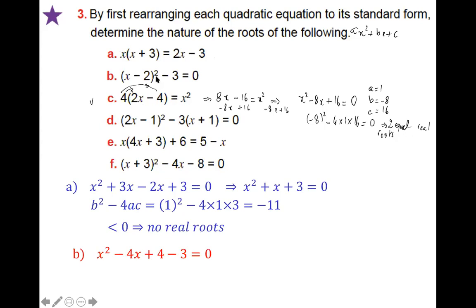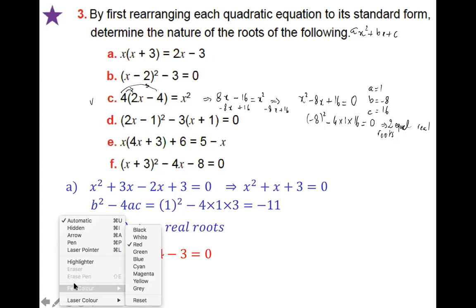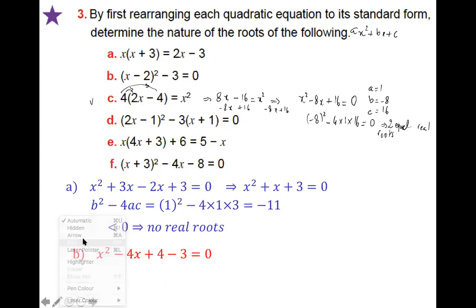For B, we'll do the same thing. I've got x minus 2 squared, so you expand that. You would just expand it like this: x minus 2 times x minus 2, minus 3.